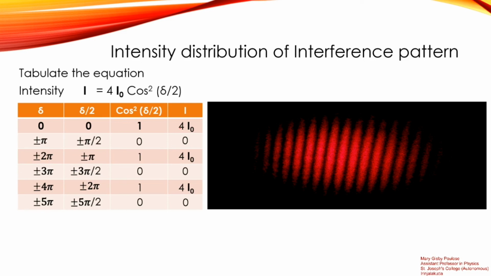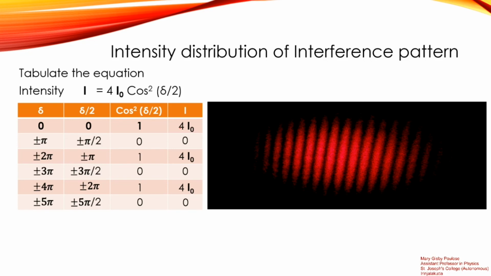The bright points are equidistant from each other, and the dark points are also equidistant from each other. You view this as a spot because we have used a laser source for this interference, and hence we observe the pattern on a small region, on a small spot. If our source is broadened, this interference pattern will be spread over the whole screen.